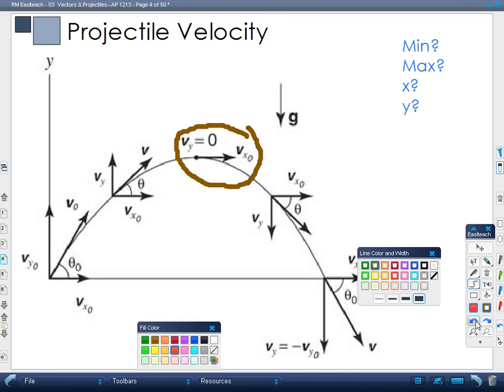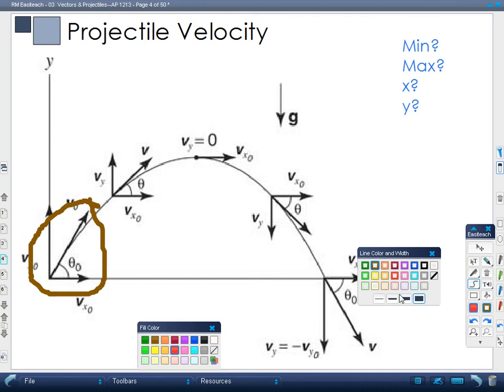The velocity at the peak is the horizontal velocity because that's the only component that it has left, because the vertical is 0 there. Where's the maximum? Well, the maximum you can see is at the very beginning and the very end. It's the maximum velocity because that's where the vertical velocity has the greatest magnitude. And what about the horizontal velocity? Well, look at all these horizontal velocities.